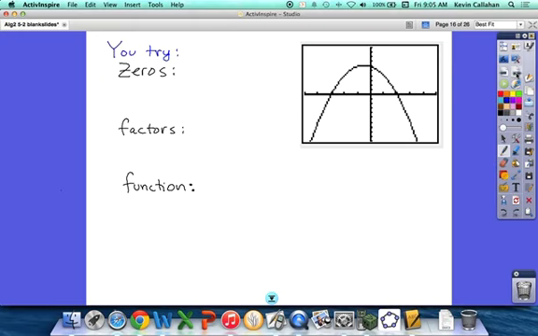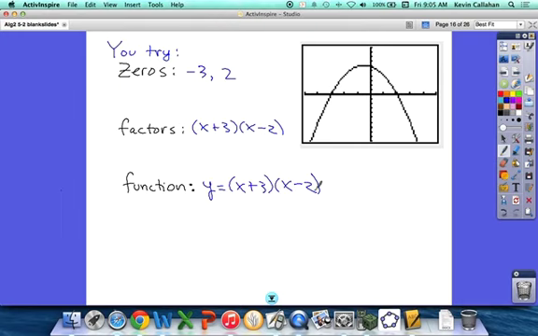What were the zeros? Negative 3 and 2. So what were the linear factors? So the factored form of a function would be y equals x plus 3 times x minus 2.